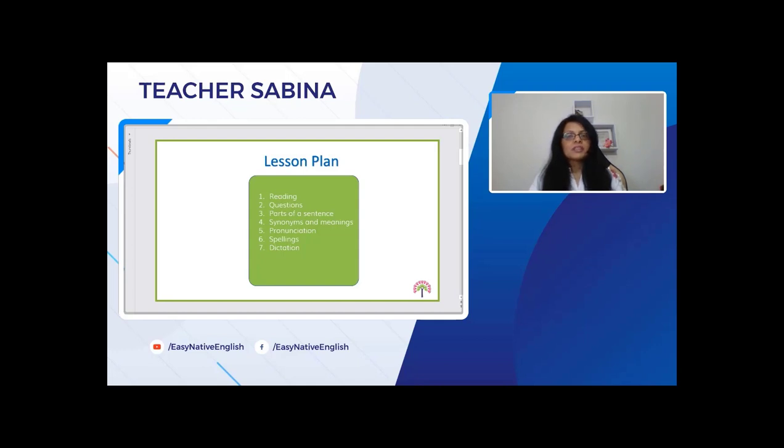Okay, after we've done that, we'll then go through some questions on the text we've read, so that I can see, or you can see, that you've actually understood the meaning of the text. Then we'll do some work on parts of a sentence, so that you understand the different blocks that make up a sentence.